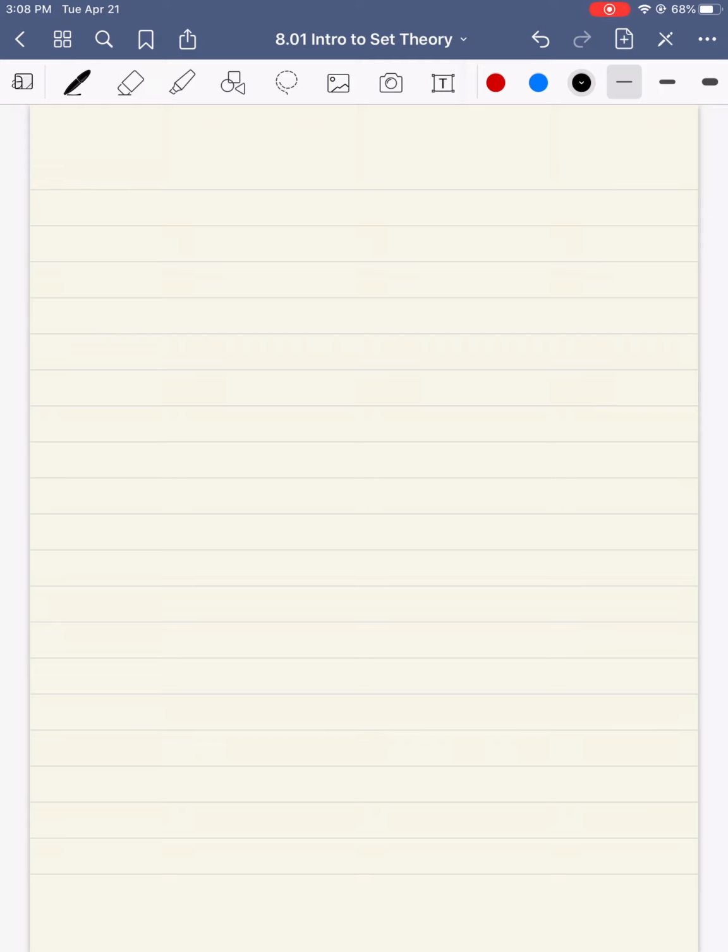We have 3 that we want to focus on, and that is going to be complement, intersection, and union. So if you take stats with me, these 3 terms hopefully are familiar to you. If you do not take stats with me, these are going to follow directly from symbolic logic, just a little bit of a more curvy attribute to the symbols.